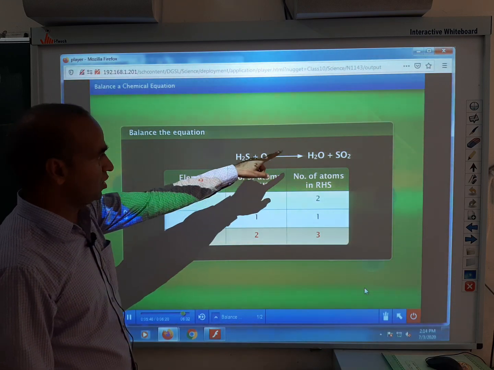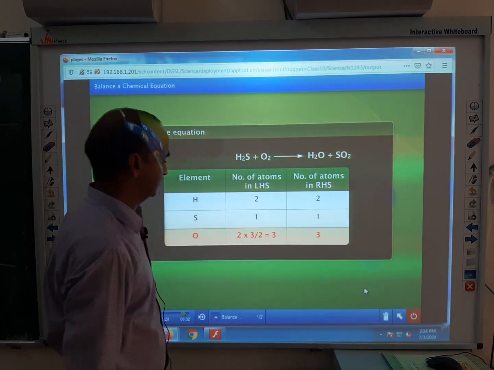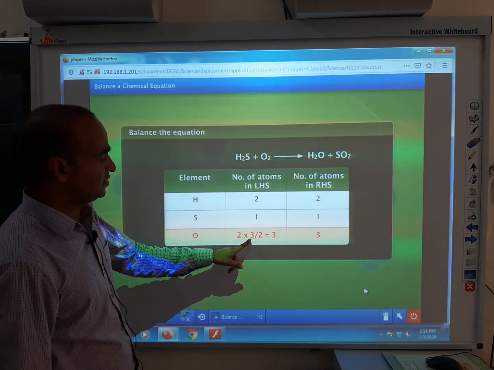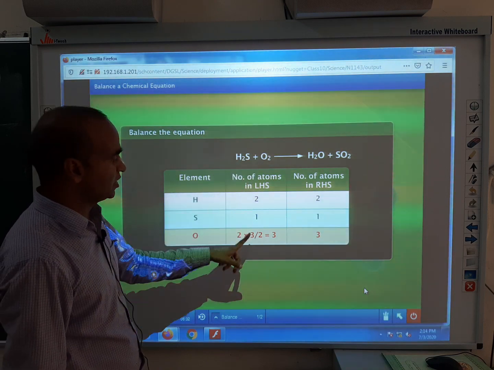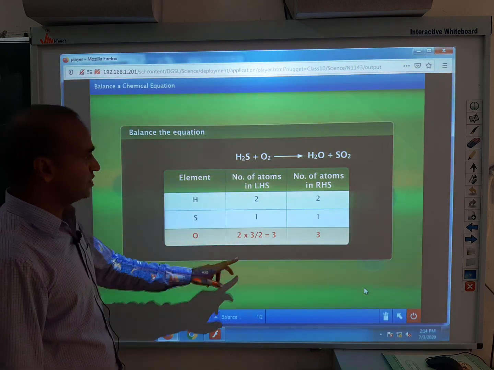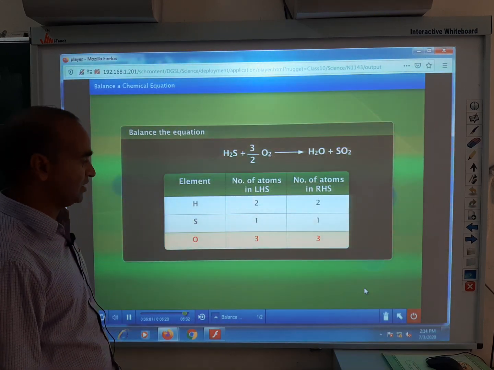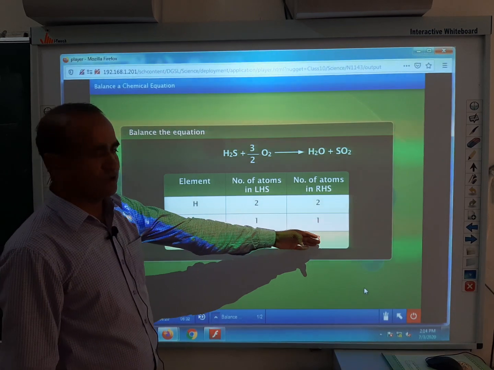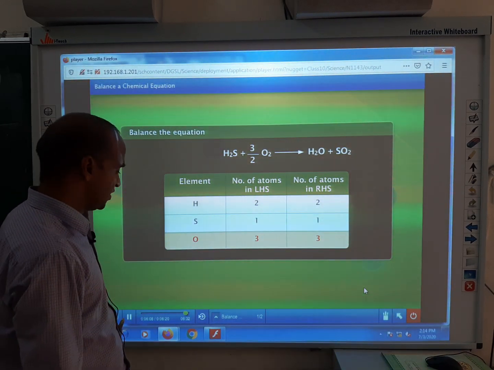This molecule or this molecule, then multiply this by 3 by 2. Now you see we multiply this molecule by 3 by 2 of the oxygen. This reaction is the balanced chemical reaction, 3 molecules of this, or 3 molecules of this. This is the balanced chemical reaction. Okay, thank you.